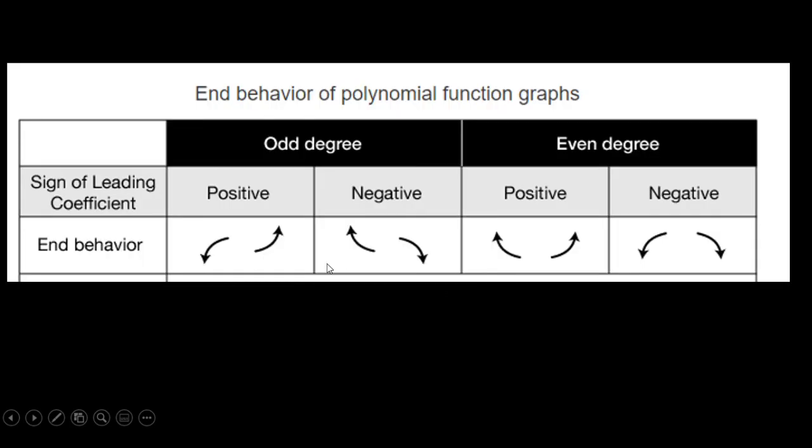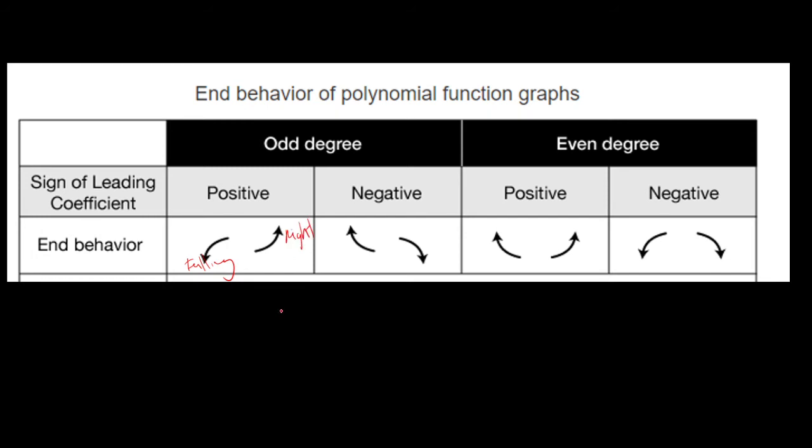To summarize it, say the sign of the coefficient is positive and the degree is odd, the end behavior will be falling to the left, rising to the right.